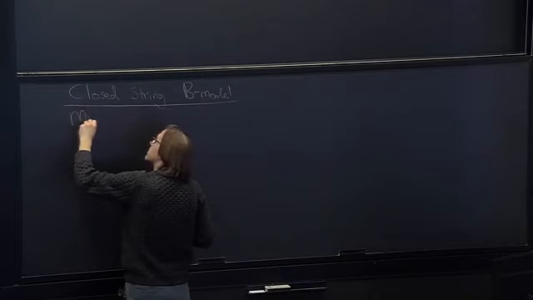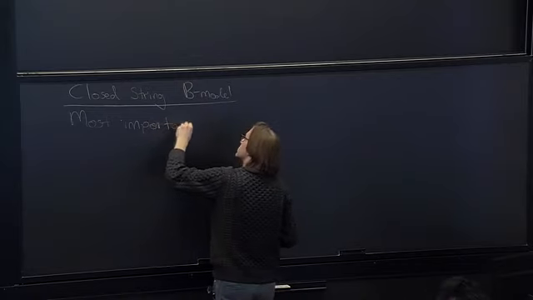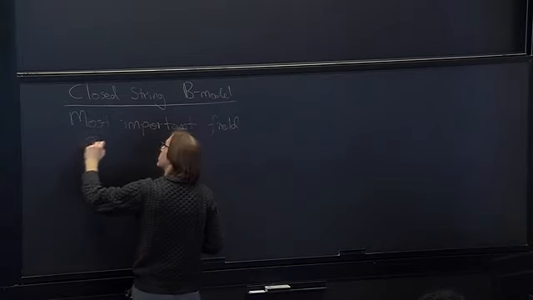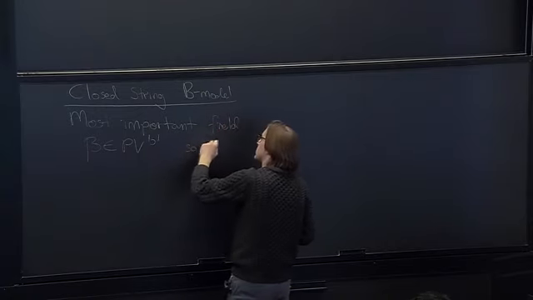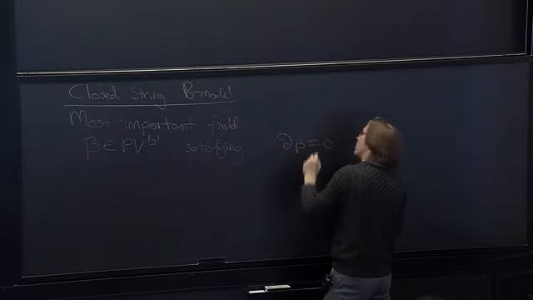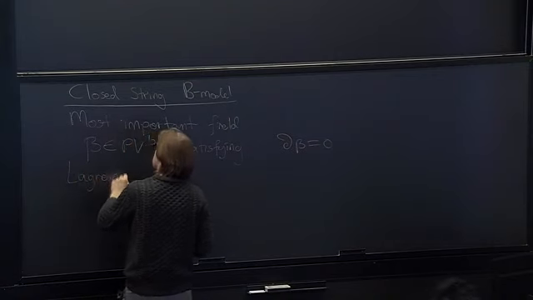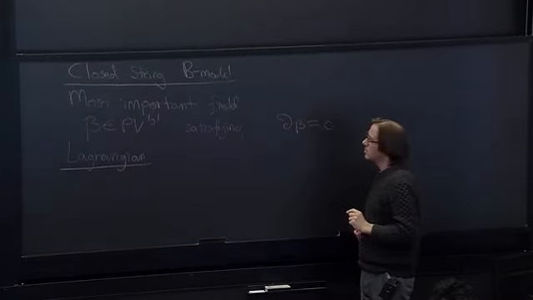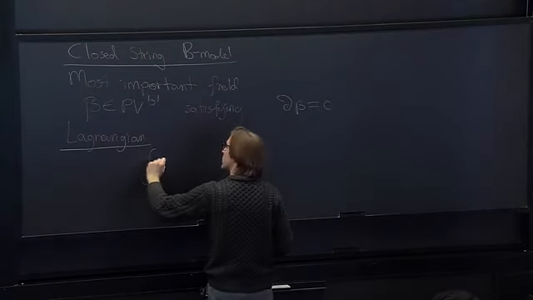So the most important field is beta here, satisfying del beta equals 0, and the Lagrangian is slightly annoyingly non-local, but let me write the formula and then we discuss why it's annoying.